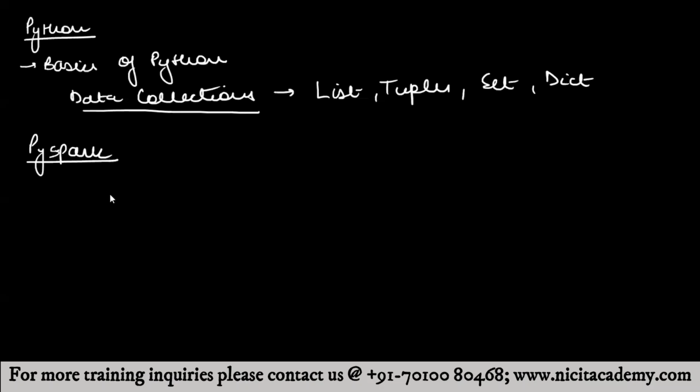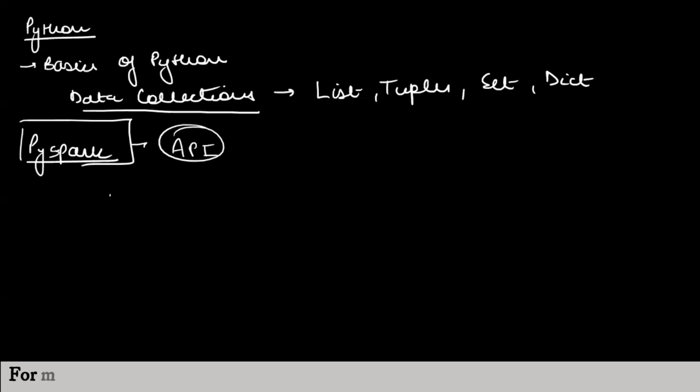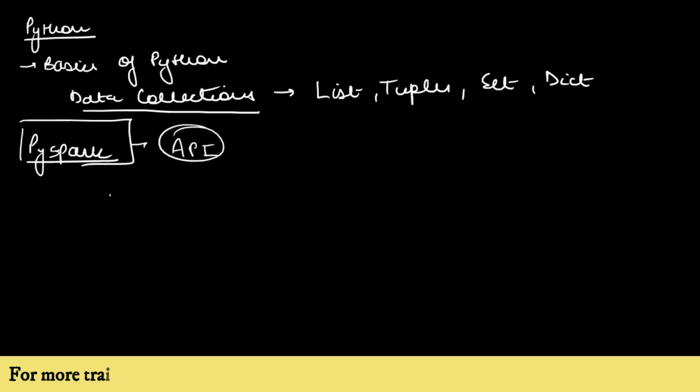Once you understand the Spark infrastructure, then we'll start talking about the APIs, the different APIs which are available, which help you to interact with the Spark architecture. If you want to run a job, how you're going to do that, everything you're going to do here.